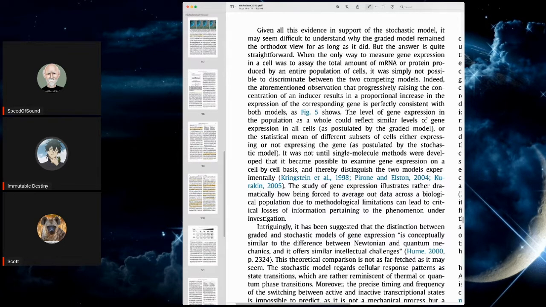It was not until single molecule methods were developed that it became possible to examine gene expression on a cell-by-cell basis, and thereby distinguish the two models experimentally. The study of gene expression illustrates rather dramatically how being forced to average out data across a biological population due to methodological limitations can lead to critical losses of information pertaining to the phenomenon under investigation.